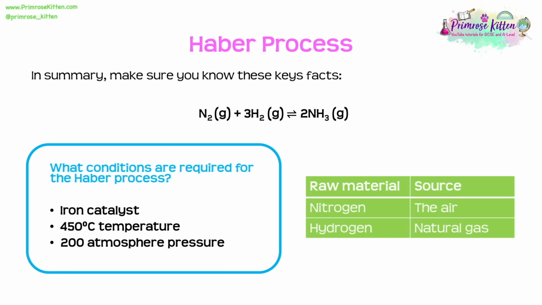We need to know that we need an iron catalyst, 450 degrees C temperature, and 200 atmosphere pressure. We also need to know where we're getting the raw materials of nitrogen and hydrogen from. Nitrogen is coming from the air, and hydrogen is coming from natural gas.